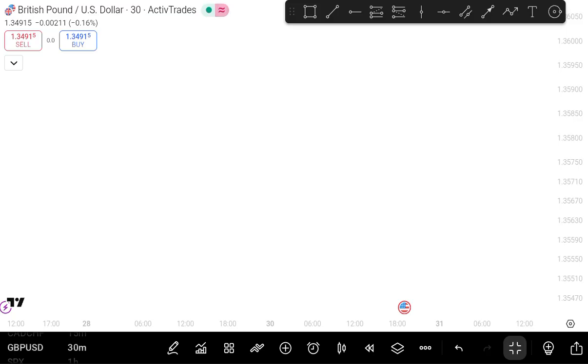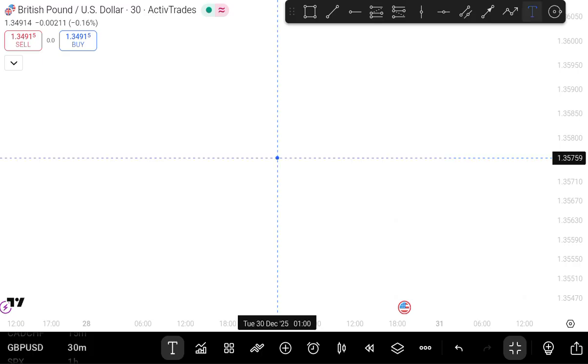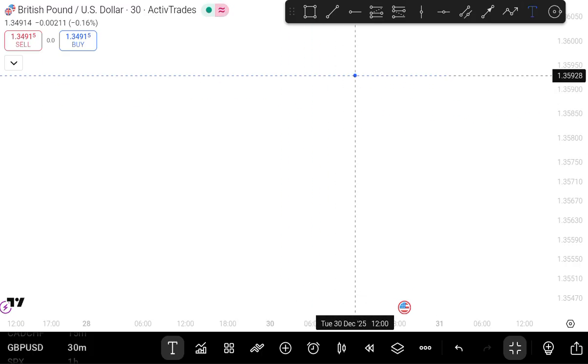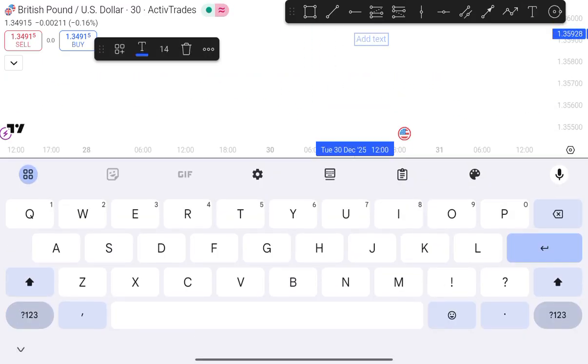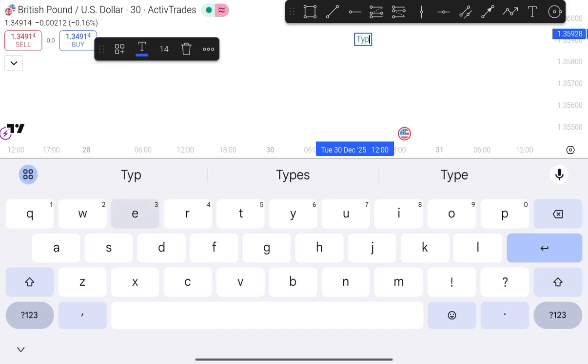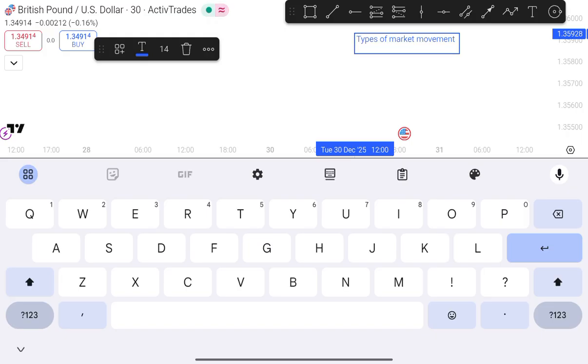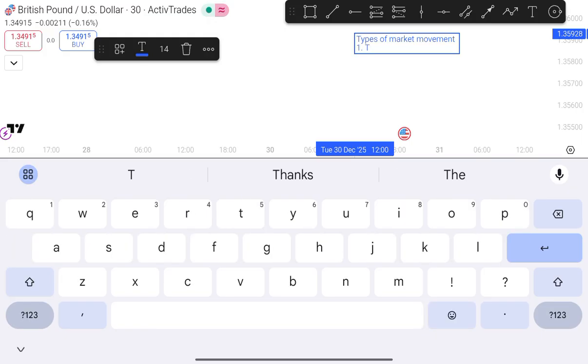So we have three types of market movement. You have to know this, that we have three types of market movement. Number one, we have what we call the trending market.